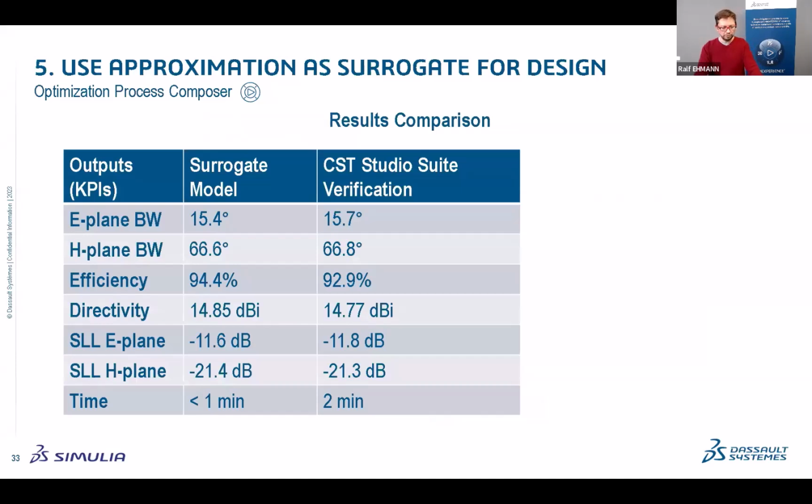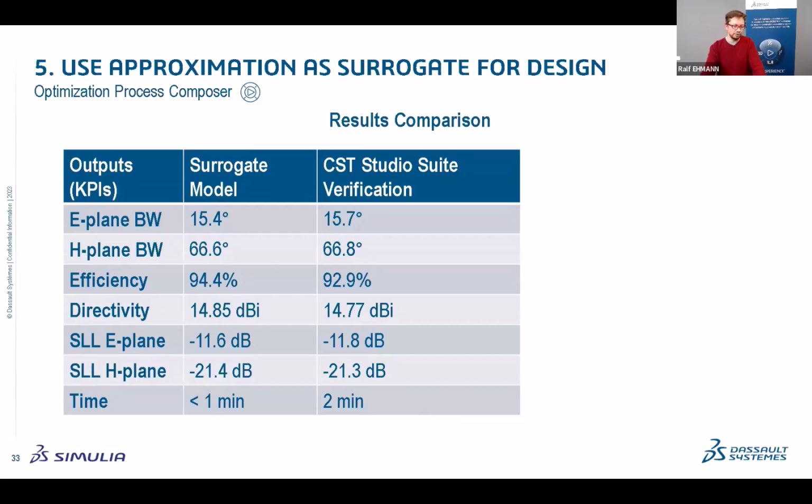So to compare from our second design example, the surrogate model predicts values. Then we verify that with the CST simulation. And you can see that the predictions by the surrogate model and what we actually achieve with our CST simulation are almost identical.